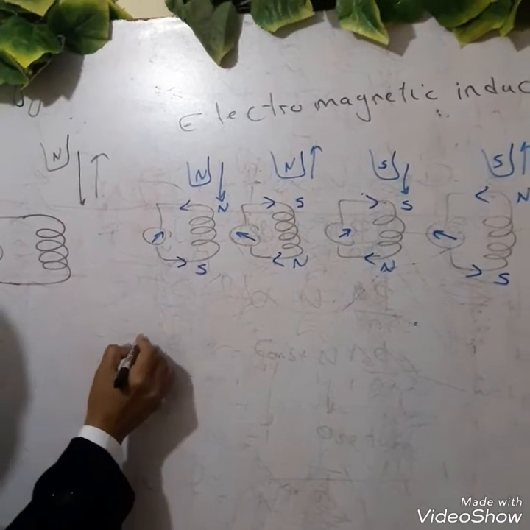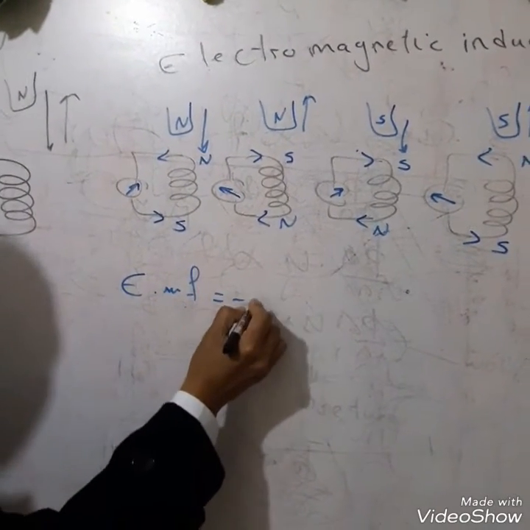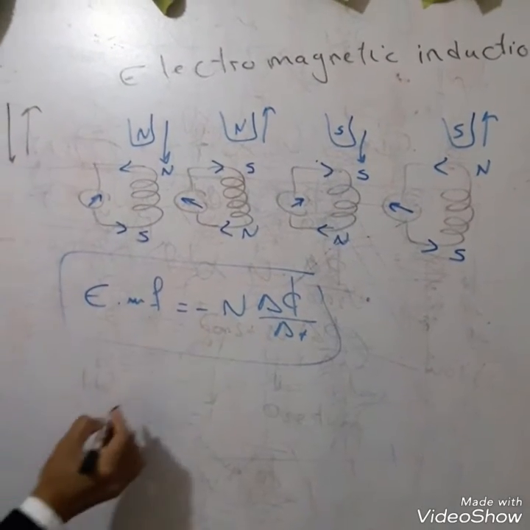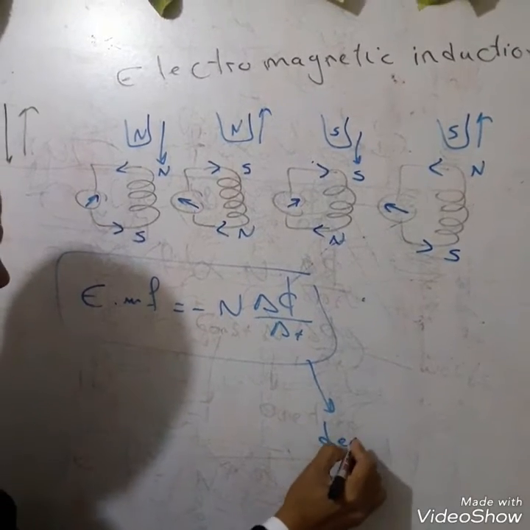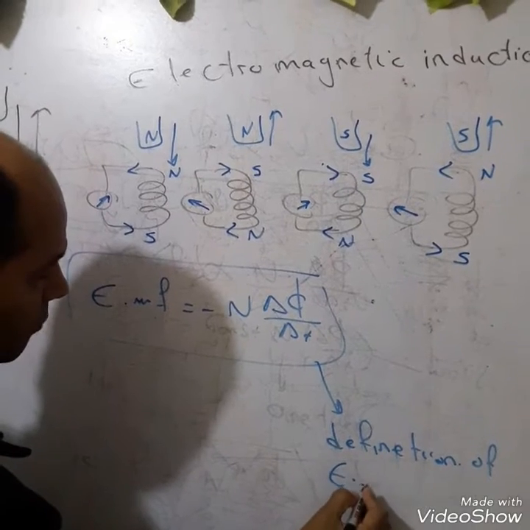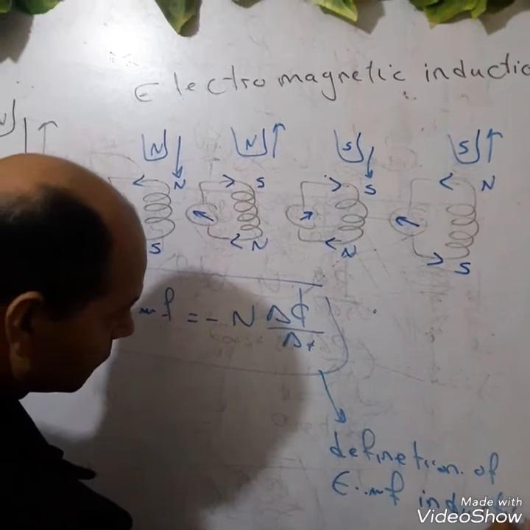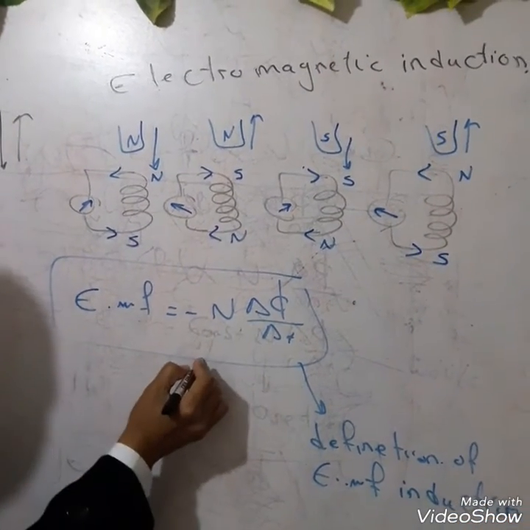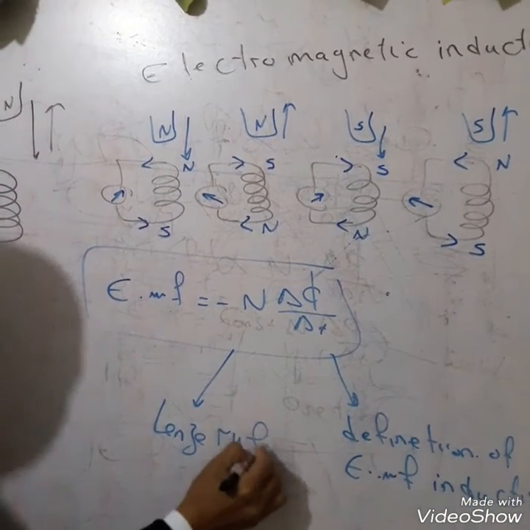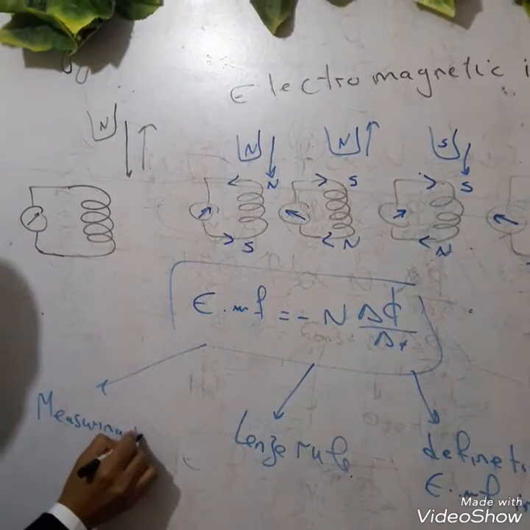So I write the general law: electromotive force equals negative N delta phi over delta T. This equation gives us the definition of electromotive force induction, Lenz's rule, and the measuring unit.